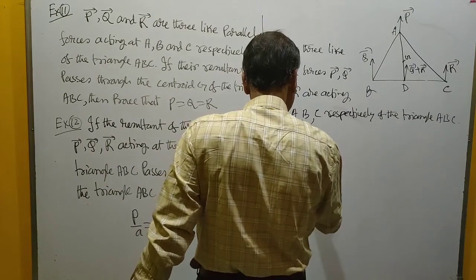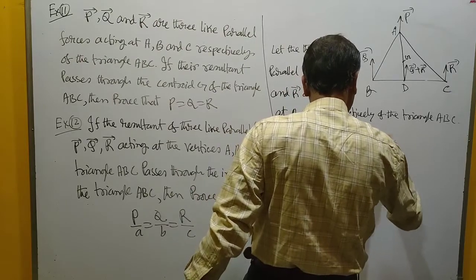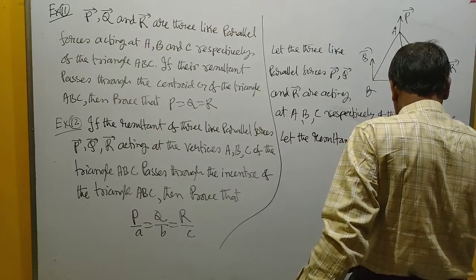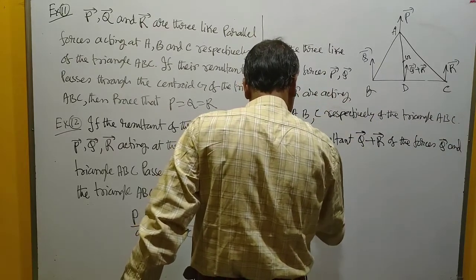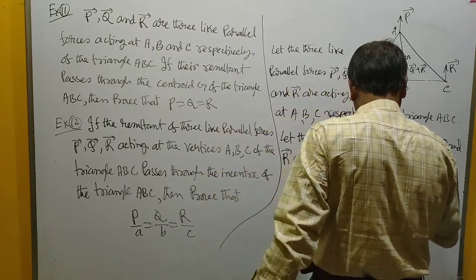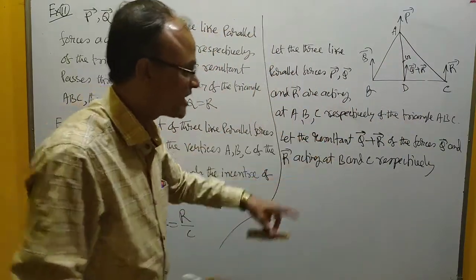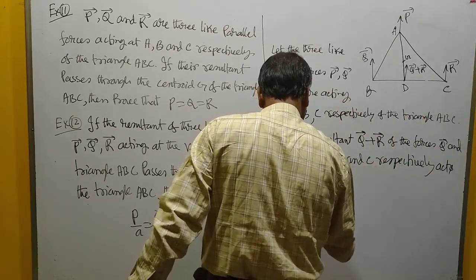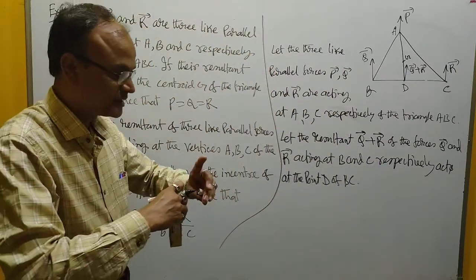Let the resultant Q plus R of the forces Q and R acting at B and C respectively act at the point D of BC.